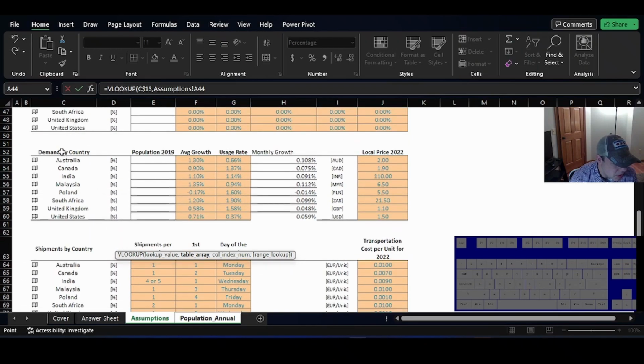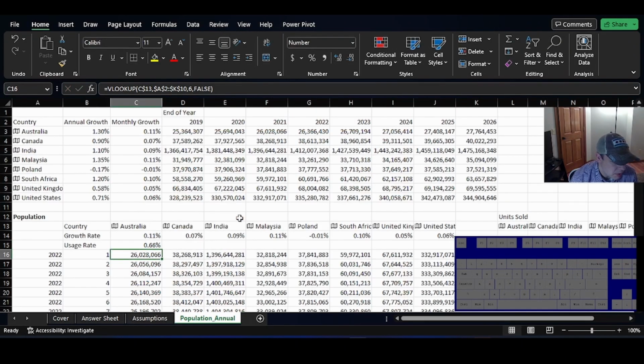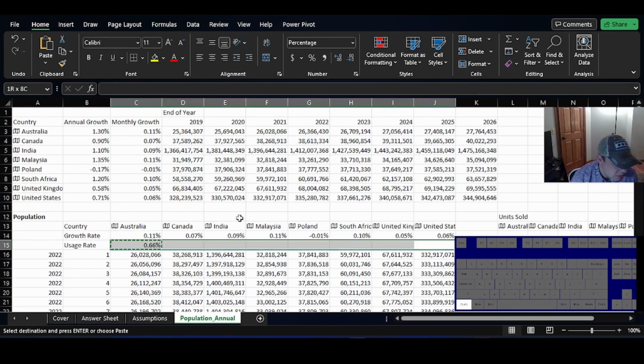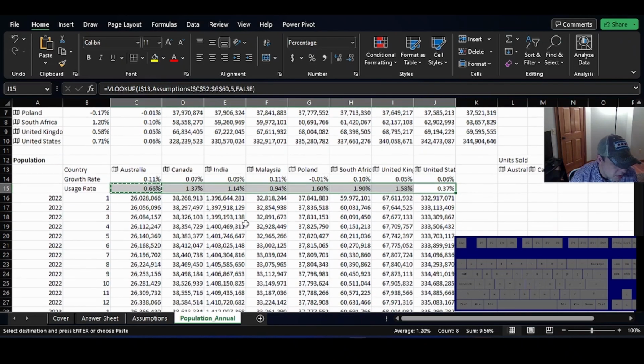Okay, so that's population rate. So it's this right here. So 1, 2, 3, 4, that's 5. All right, 4, 5, false. There's the usage rate.